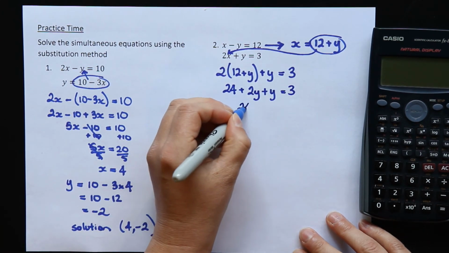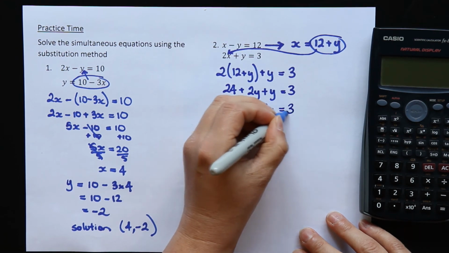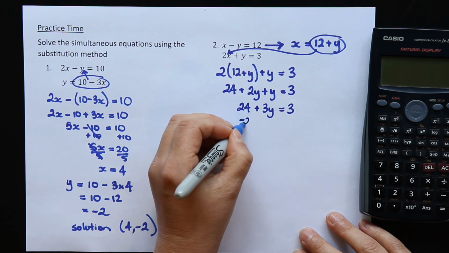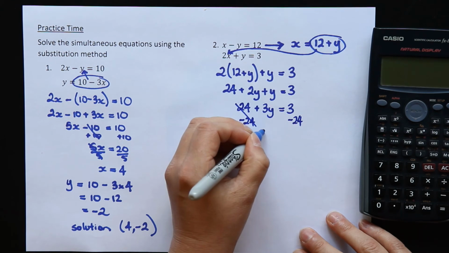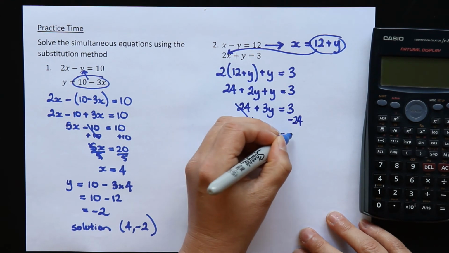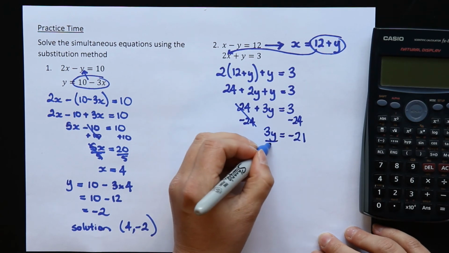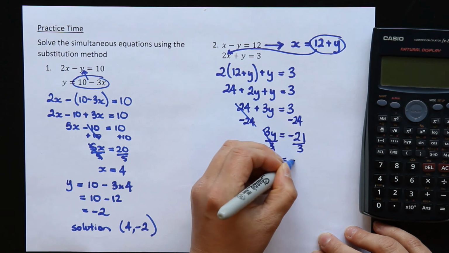Collecting up, 2y plus y is 3y, plus 24 equals 3. Now to move everything away, let's subtract the 24. Gets rid of that. 3y is equal to negative 21. And then divide by 3. And that gives me y is equal to negative 7.